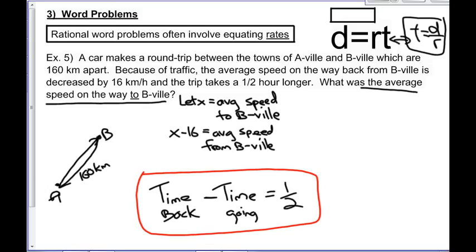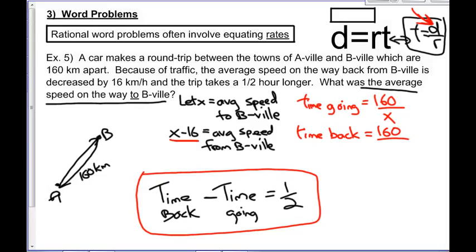This is our basic thing we need to deal with. So if we said time going, that would be distance, which is 160, distance over the rate, which was x. Time coming back, well, that's still a distance of 160.